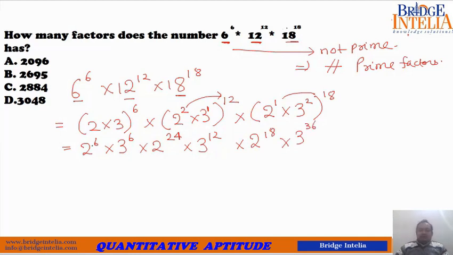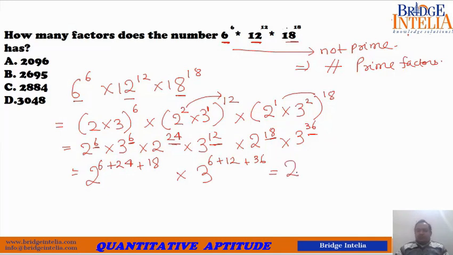So if you combine the powers, 2 to the power 6 plus 24 plus 18 into 3 to the power 6 plus 12 plus 36. So this is how much? 6 plus 24, 30, 30 plus 18, 48. So 2 to the power 48 into 3 to the power 6 plus 12, 18, 18 plus 36, 54. Fine.